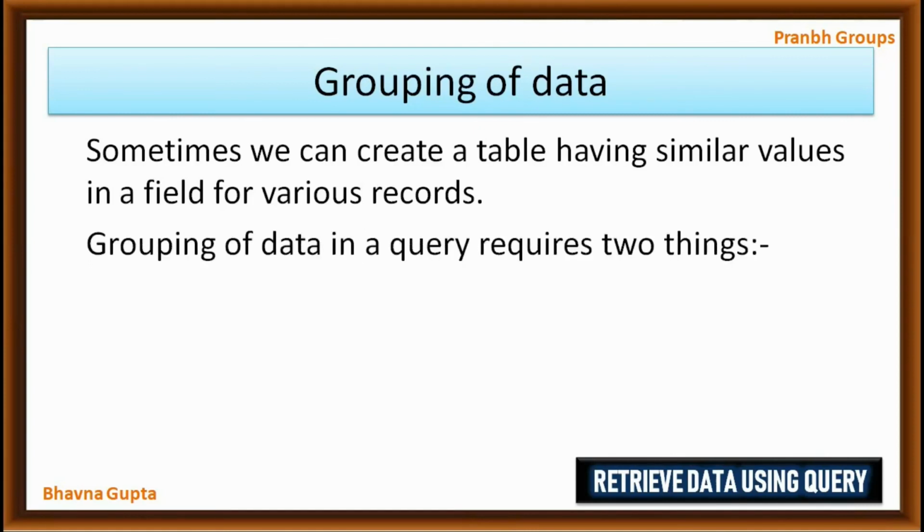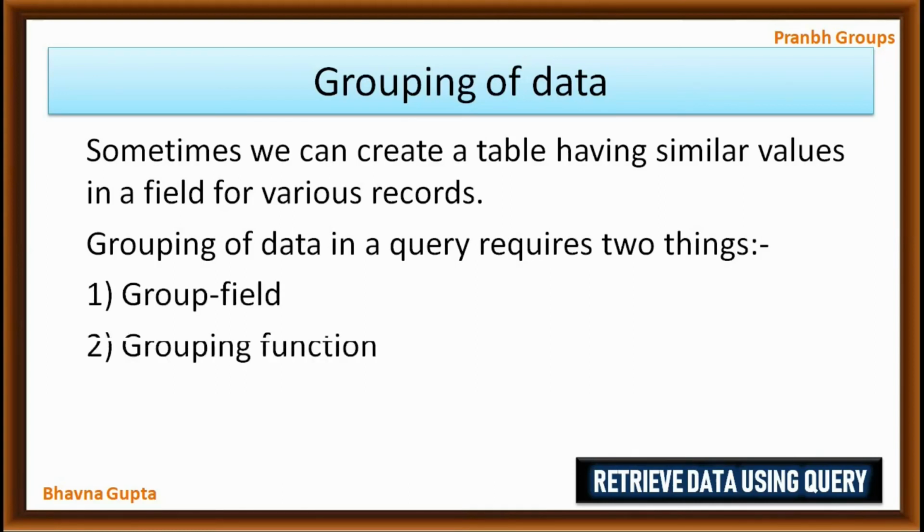Here, grouping of data in a query requires two things. First is a group field and second is a grouping function. A non-primary key field containing the same values for multiple records is called a group field. Grouping functions arrange the values of the records.